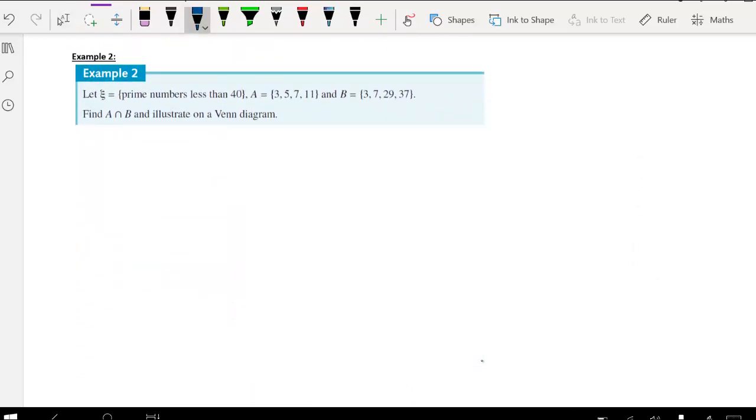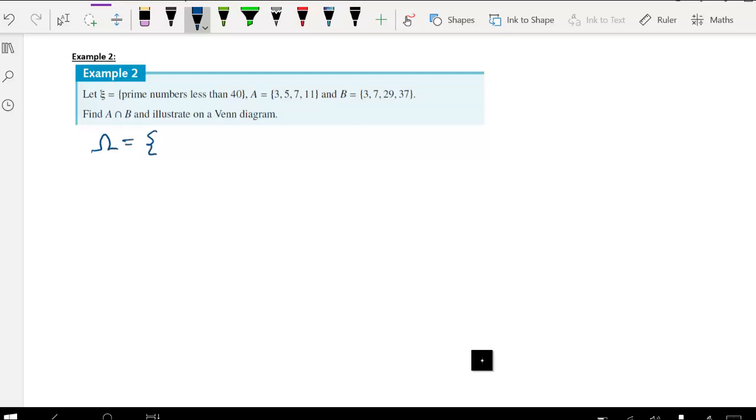So in this example, we've got the universal set being prime numbers that are less than 40, where A is 3, 5, 7, 11, and B is 3, 7, 29, and 37. The first thing we need to do is define this universal set.